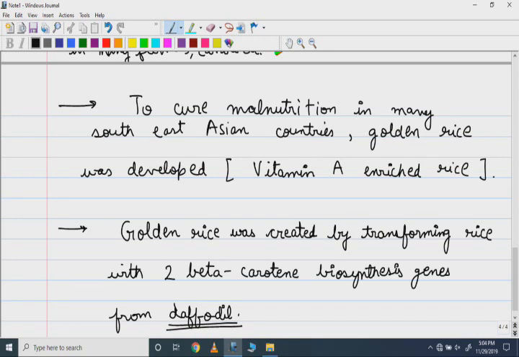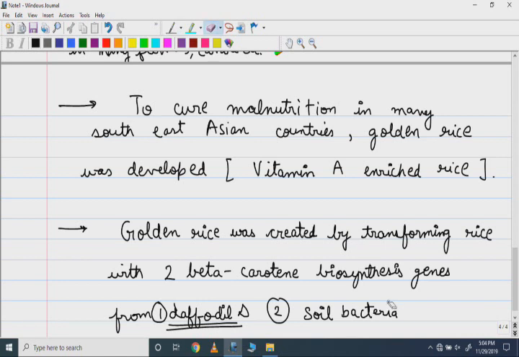And there is also a soil bacteria. Number 1 daffodil and number 2 from soil bacteria. Why am I telling you this about the soil bacteria?